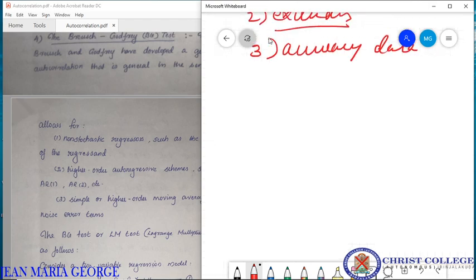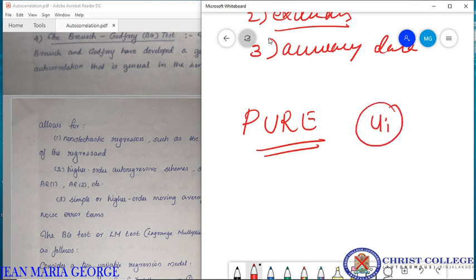Again, if the autocorrelation is pure autocorrelation, meaning it is due to the specification of the error term u i, then the remedy is to obtain an estimate of rho. Rho is the coefficient of autocorrelation.